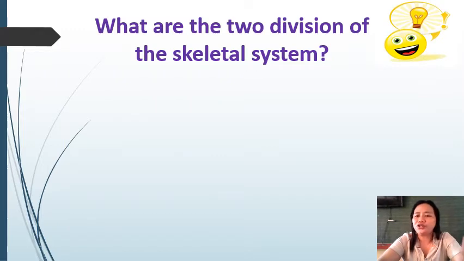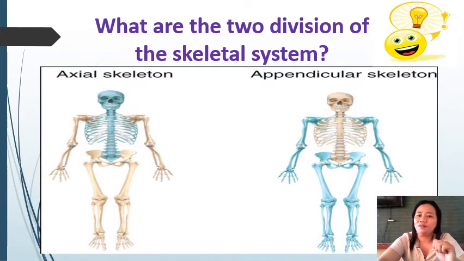Now, what are the two divisions of the skeletal system? The first one is the axial skeleton, and the next one is the appendicular skeleton.